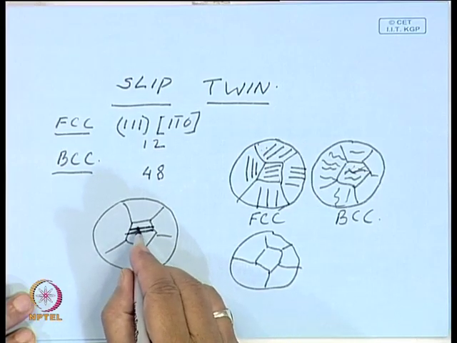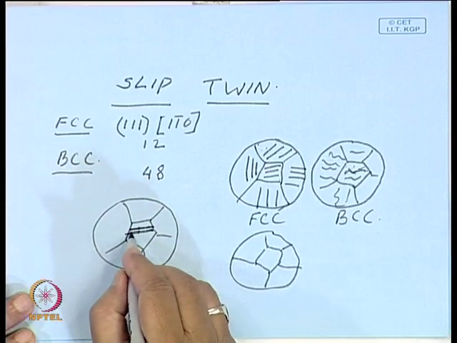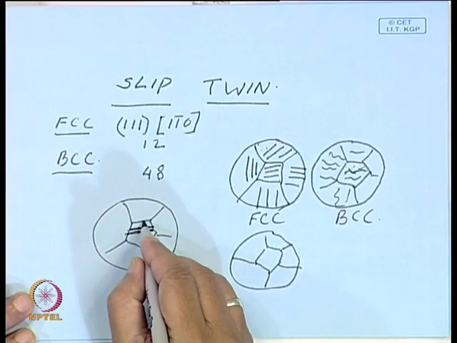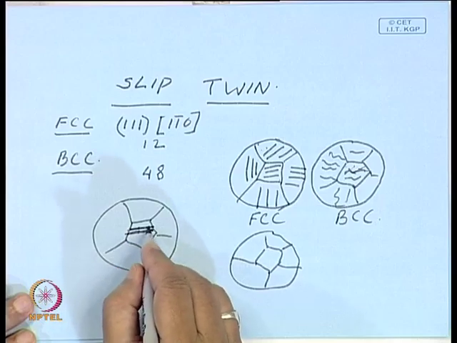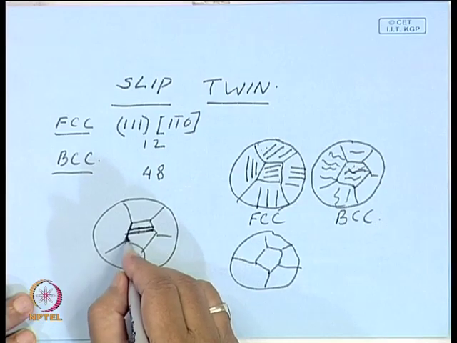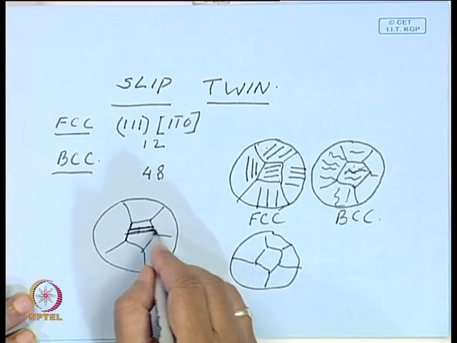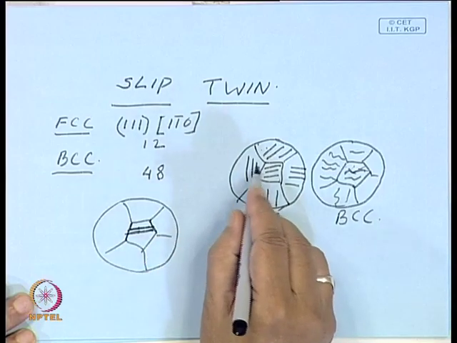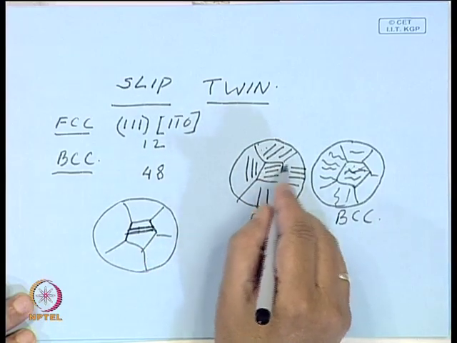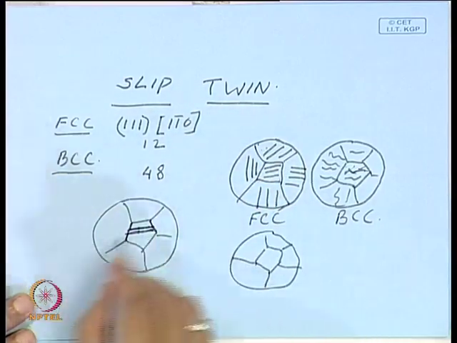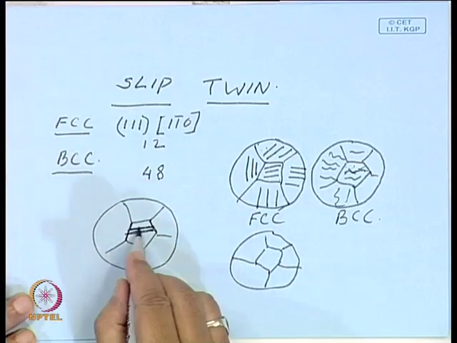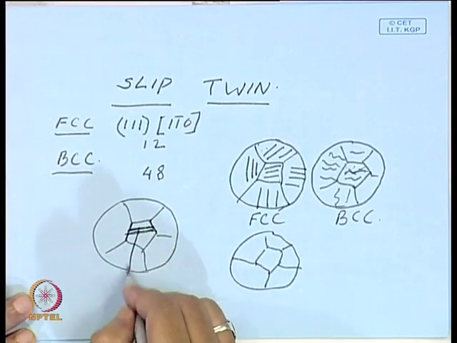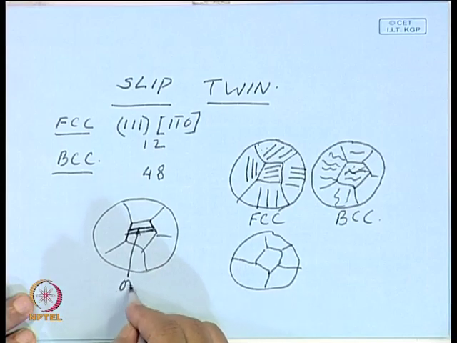So, this is the twin, and in fact, the twin region is quite small with respect to the whole grain. And another thing is, net strain here is much higher than the strain that takes place with a single slip. And here, even if you polish, this will remain, because this has different orientation.